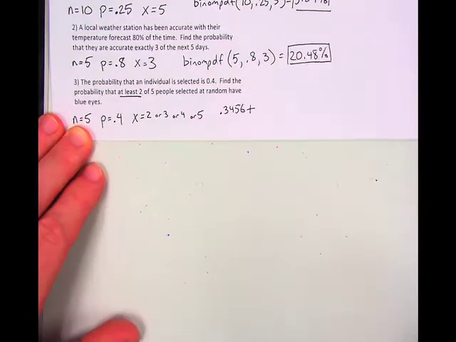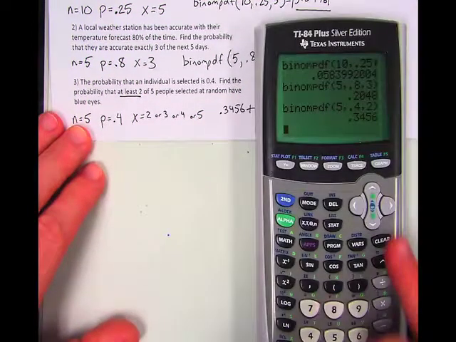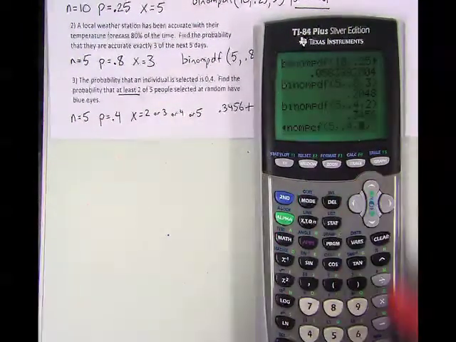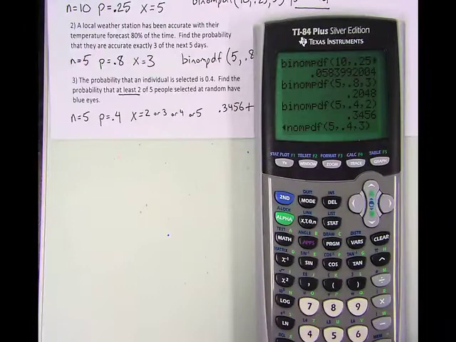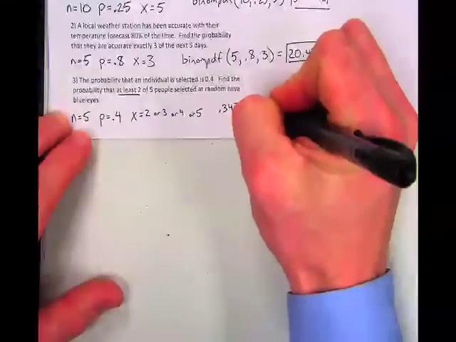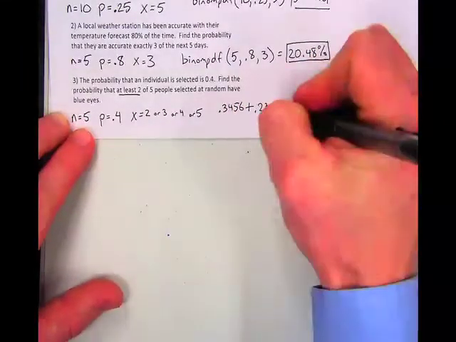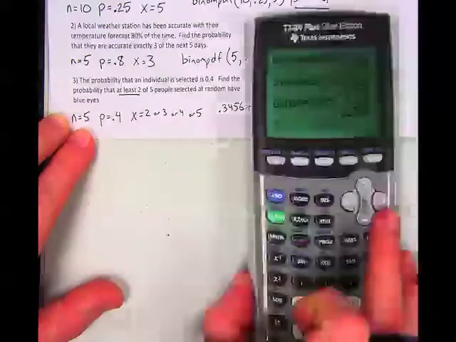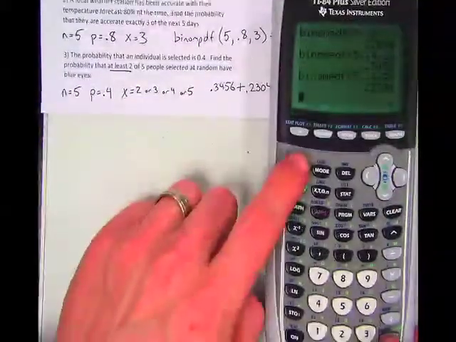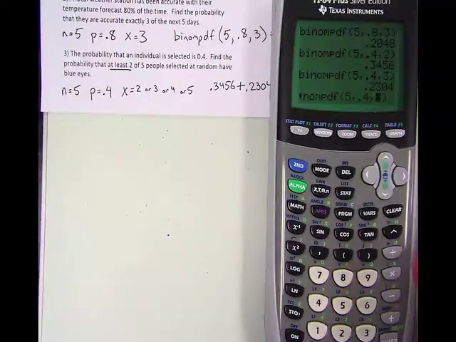Then we want plus. So we need to go back in, so second entry, we're just going to change it to a 3. Hit enter, we get 0.2304. Plus. Again, we're just going to hit second entry and go back and change the 3 to a 4.